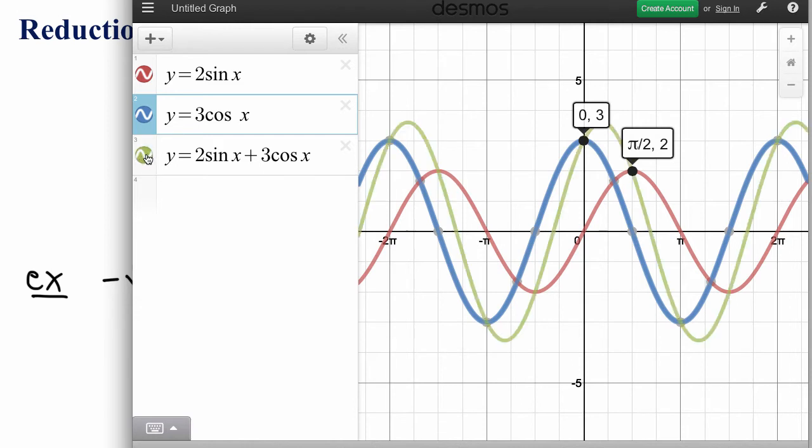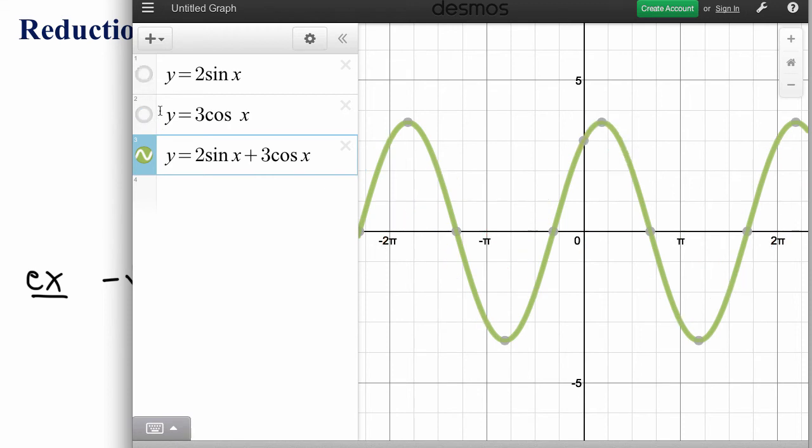Now let's take a look at the third graph. This is the third graph. If you look at the green, let me hide the two functions. If you just look at the graph, it's the familiar sine wave. So we can say that this is a certain sine graph, with a little bit different amplitude.